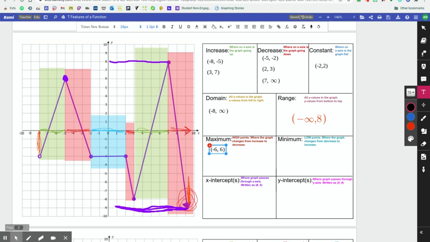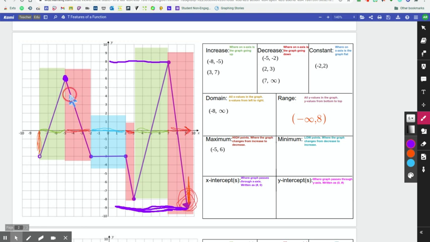Hey, that's supposed to be a 5. And then we have another maximum happening, where we go from increasing and then it switches to decreasing. And that's right here. What is that ordered pair? What is that x value and its y value?